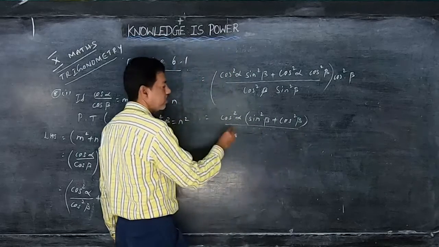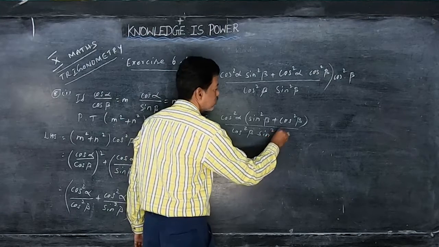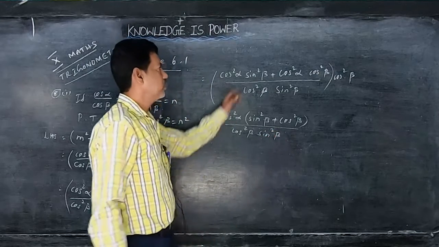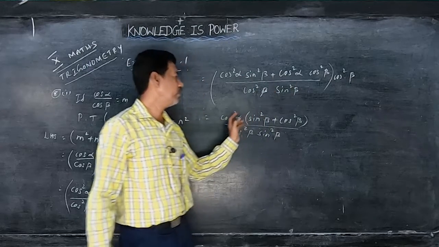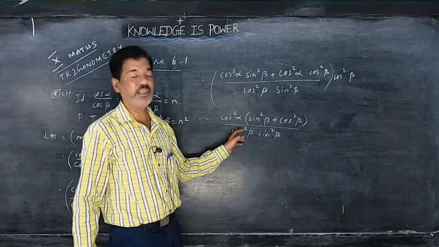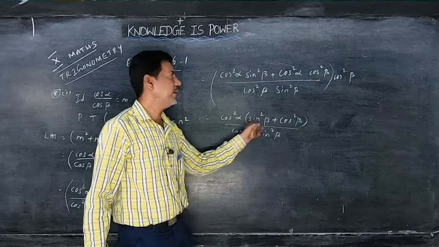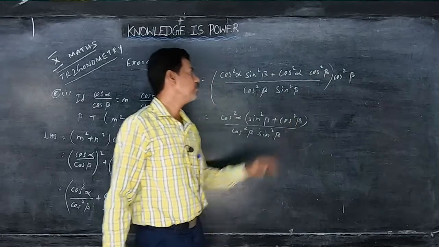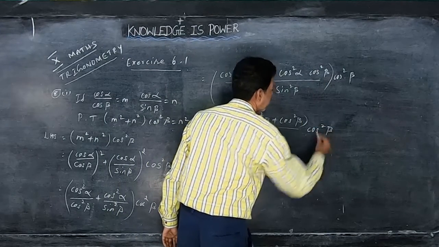In the denominator, cos square beta and sin square beta. Can you follow this? In both terms I have taken cos square alpha common outside. After taking common, what is left here? Sin square beta. What is left here? Cos square beta. Outside, same cos square beta.